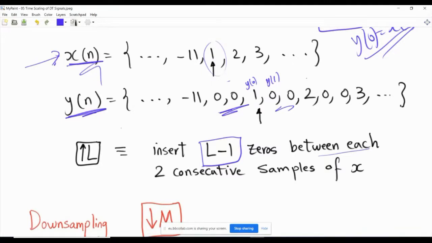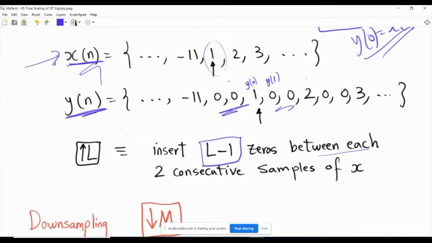So this is the upsampling operation, zero insertion. Specifically, you insert L minus 1 zeros between each 2 successive samples so that you get your new sequence, which is y. Okay, so this is basically the upsampling operation.